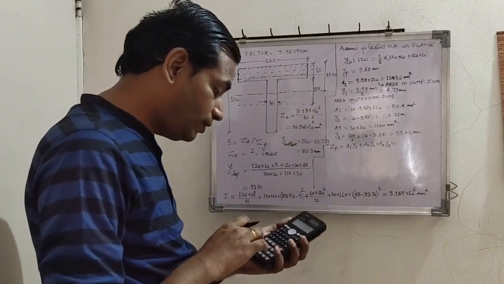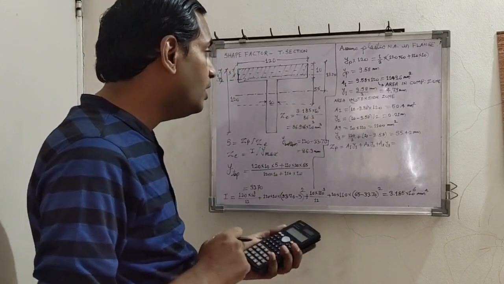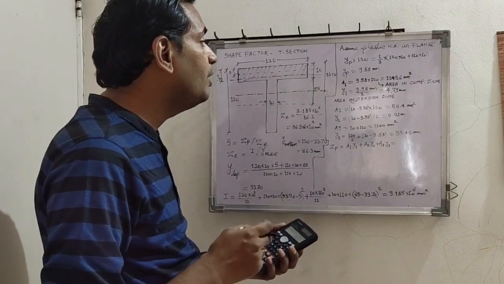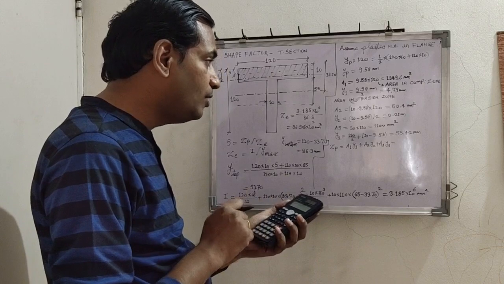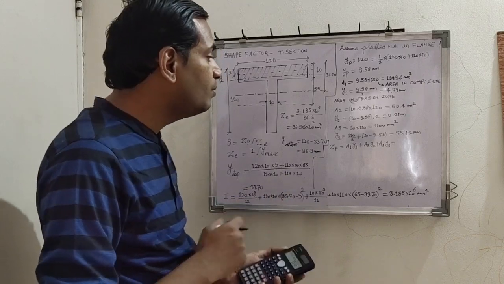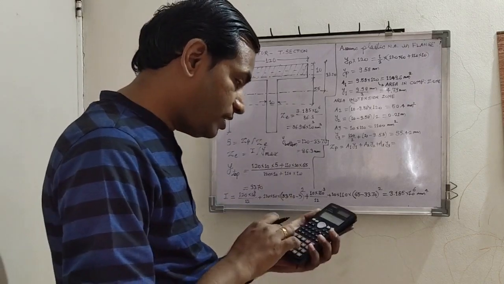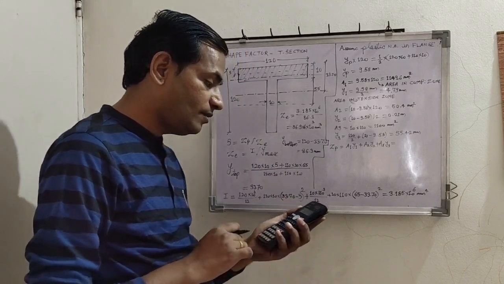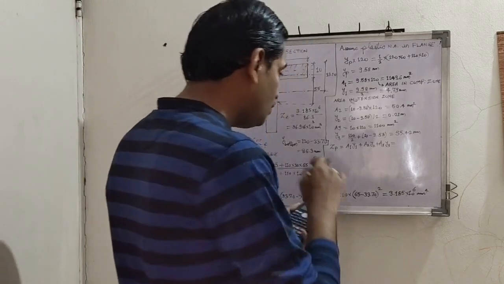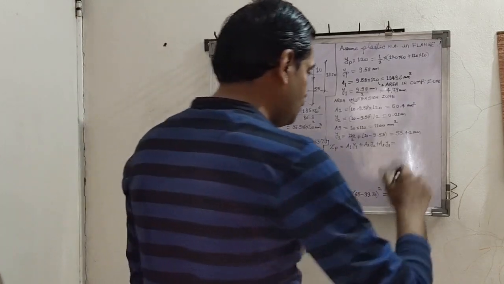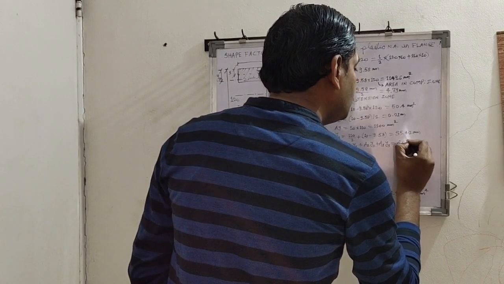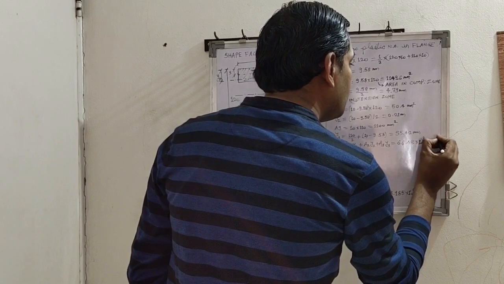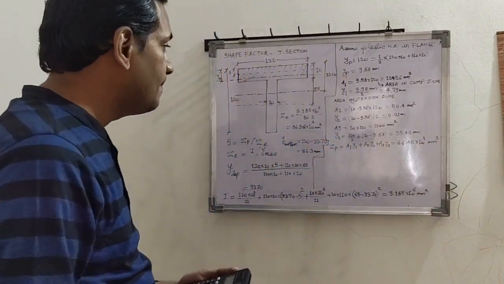A1 is 1149.6 into Y1 4.79, plus A2Y2 is 50.4 into 0.21, plus A3 1100 into Y3 is 55.42. So the total addition is 66.48 into 10 raised to 3 mm cube. Okay, over.